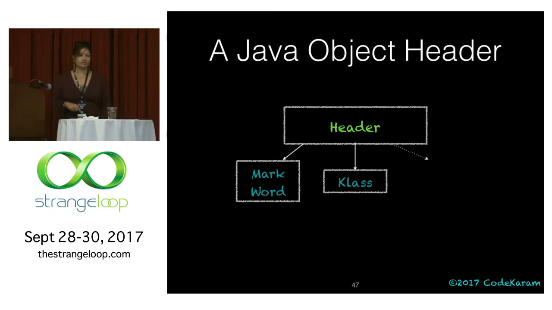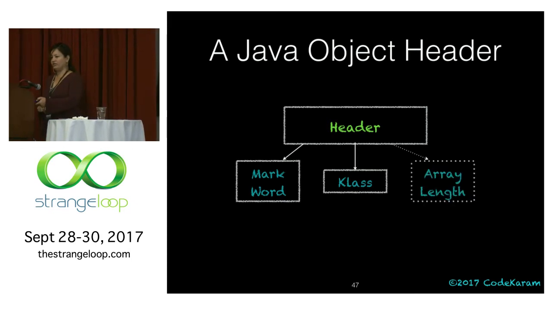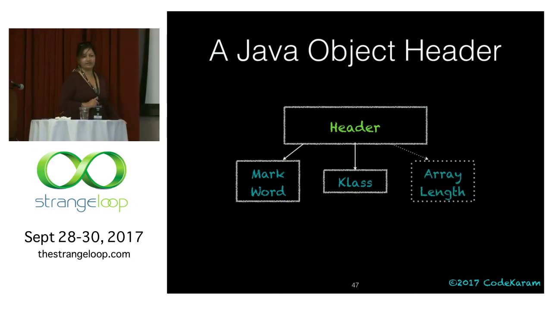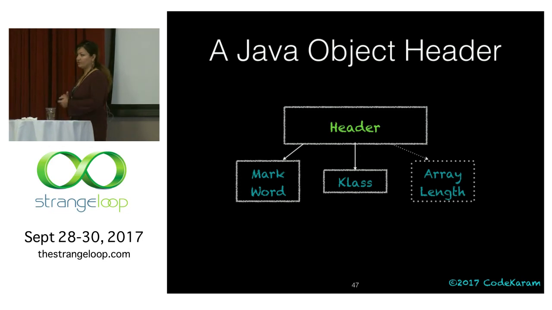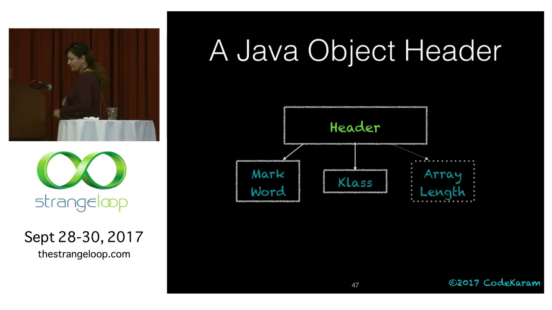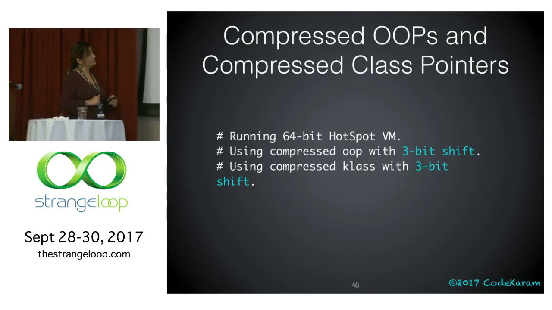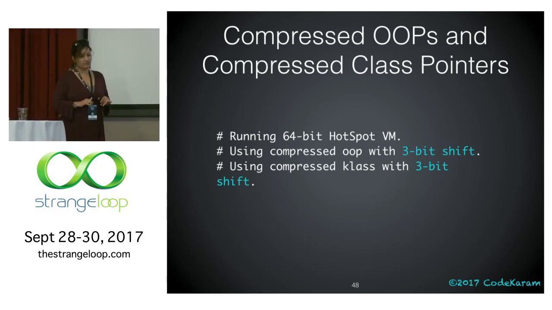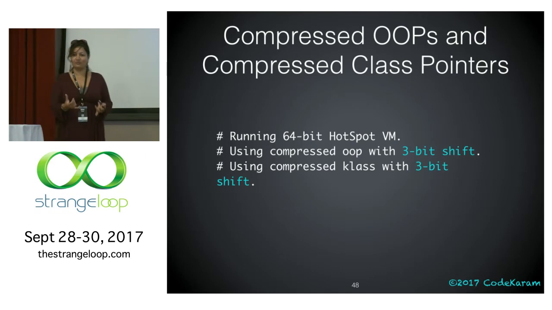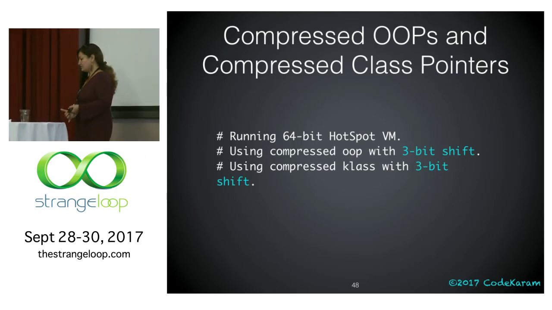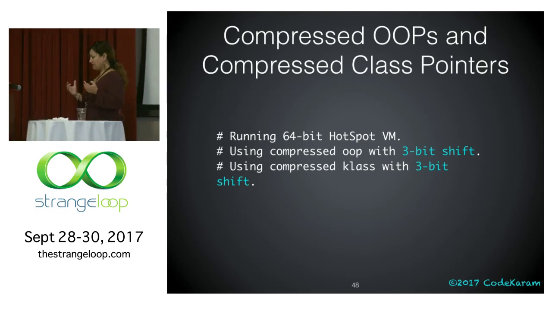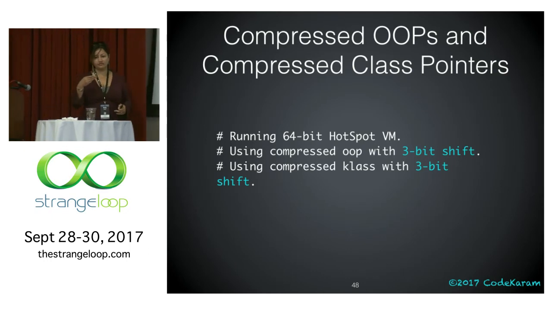Now, if this was an array object, then it would also have array length as a part of your header. With compressed oops and compressed class pointer optimization, what we are achieving is compression of the object pointer and the class pointer, and it's done by using a 3-bit shift.